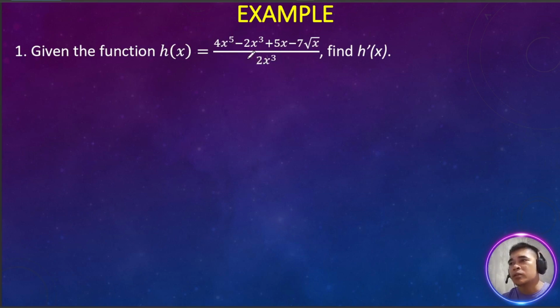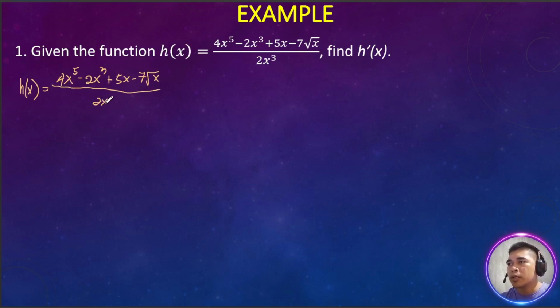So kung monomial ang imong denominator, pwede nimong buhaton is ang matag terms. So for example, 4x to the power of 5 minus 2x cubed plus 5x minus 7 times square root of x all over 2x cubed.